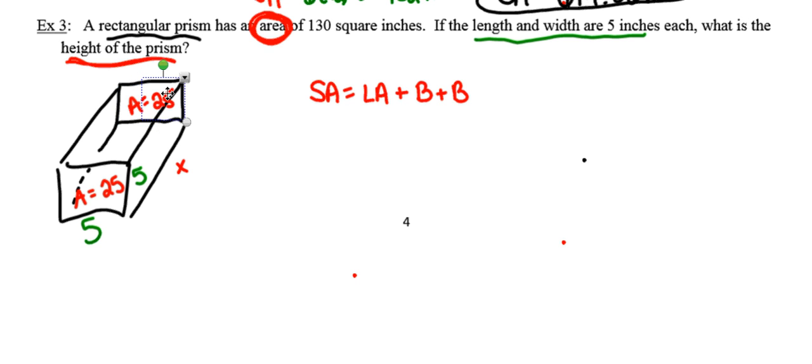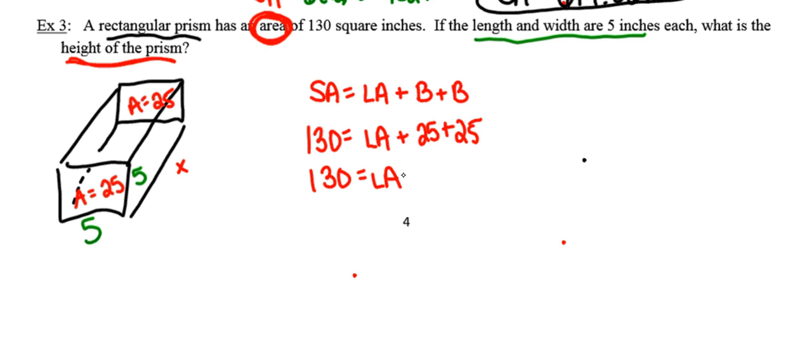So all I'm going to do is substitute into the formula the pieces that I know. I know the surface area is 130, and I know the area of each base is 25. If I perform a little bit of algebra on this equation, I find that the lateral area of my prism is exactly 80 square units.